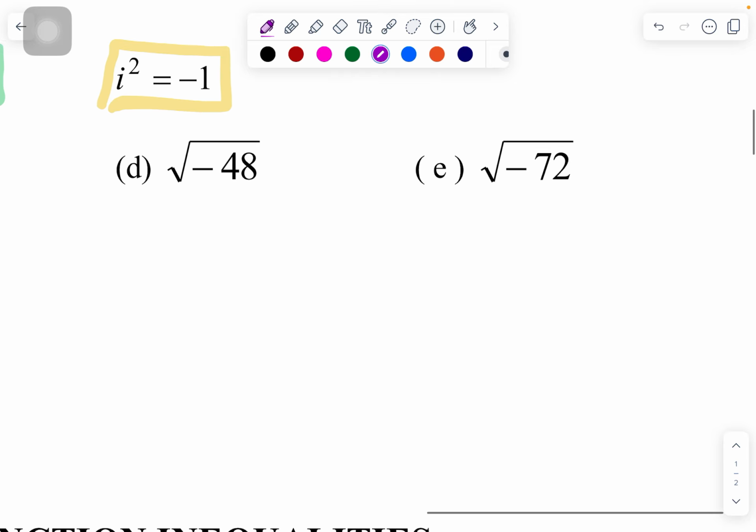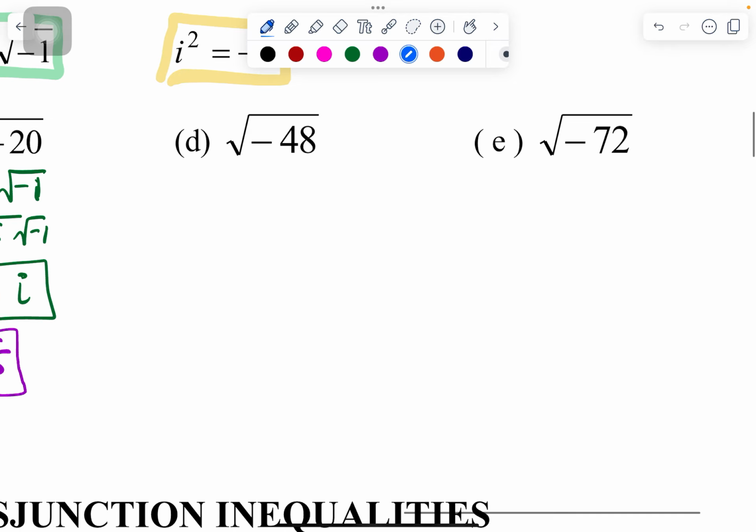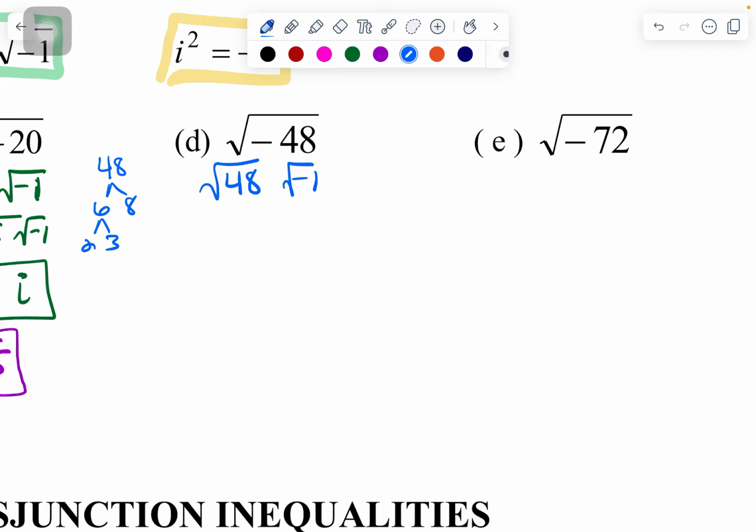All right, I'm going to go ahead and slide on over. Let's take a look at D and E here. Same kind of situation. We've got the square root of -48. So I'm going to do the square root of 48 and then the square root of -1. If I wanted to do a factor tree on 48, that would be 6 times 8. 2 times 3, those are both done. 4 times 2, 2 and 2.